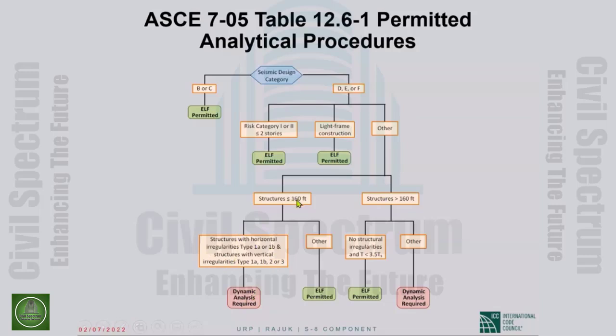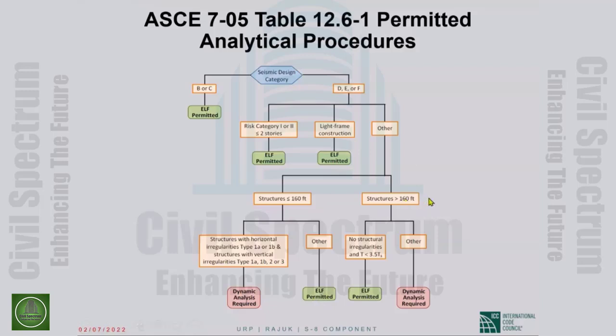If a structure no taller than 160 feet does not have any of those irregularities, even if it has other irregularities, you shall be able to design on the basis of equivalent lateral force procedure.